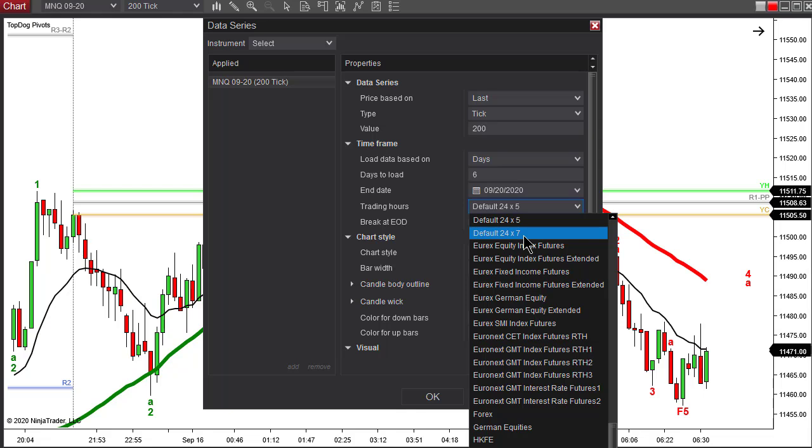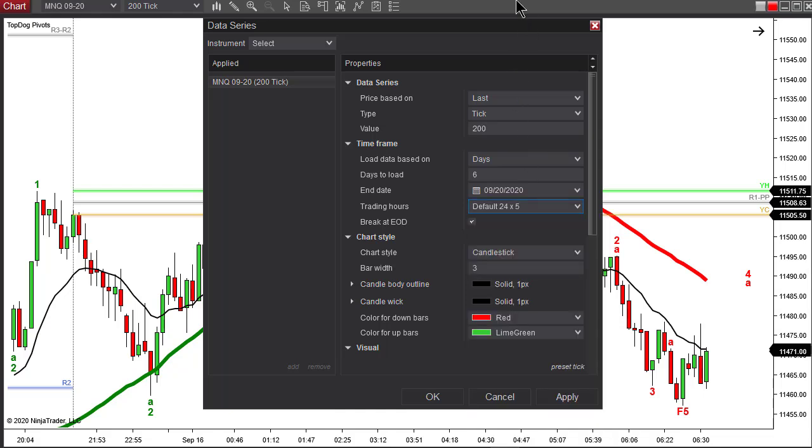And I do not include Sunday data on there because, I mean, you could, and it's not a bad thing, but if you're using automated pivots like I am, my pivots automatically calculate. So when you're using an automated pivot indicator like I'm using, it's going to plot them for Sunday as well because it's based on a mathematical formula. You can Google it, it's public. That's based off of the previous day's high, low, and close.